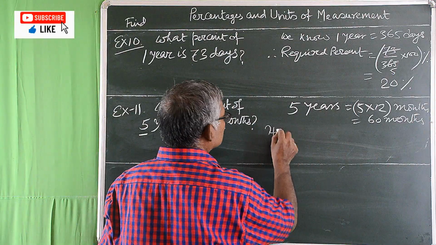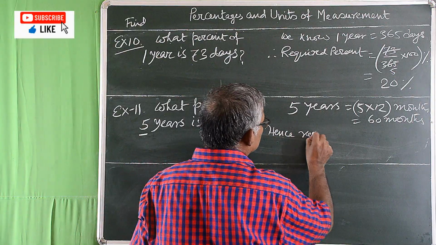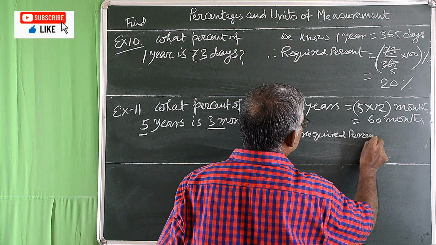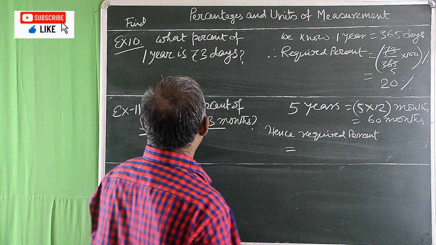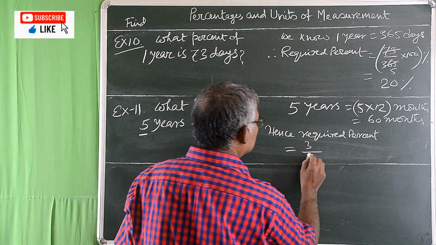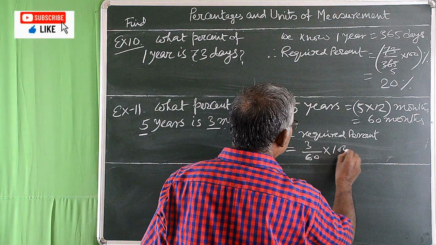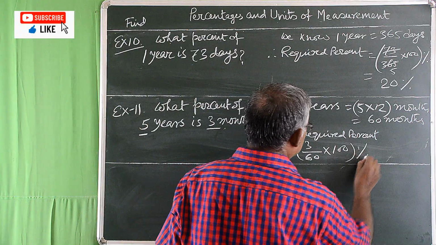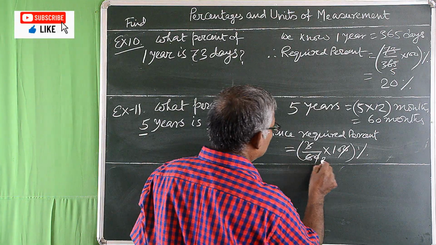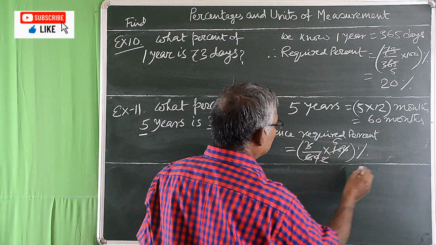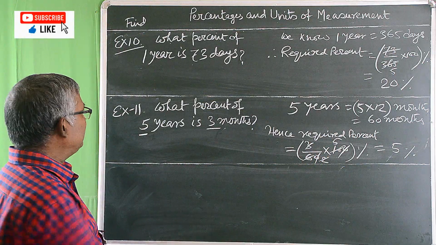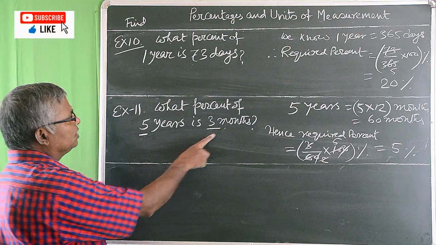Hence, required percent equal to, here 3 months, so 3 by 60 into 100%, that is, it is 5%. So we get 5% of 5 years is 3 months.